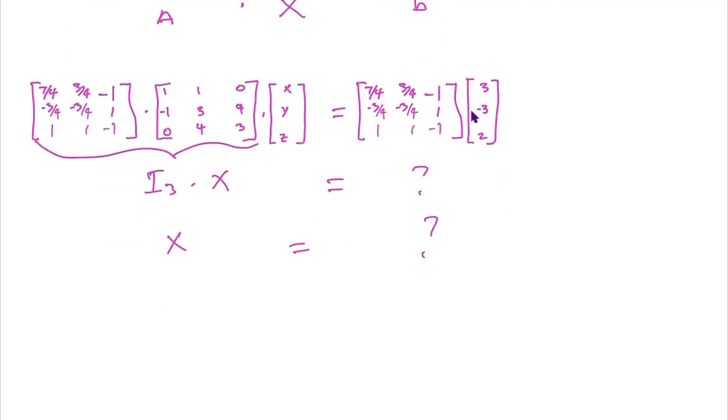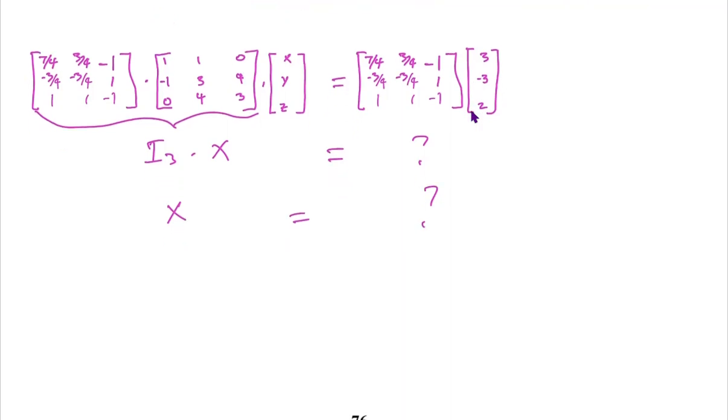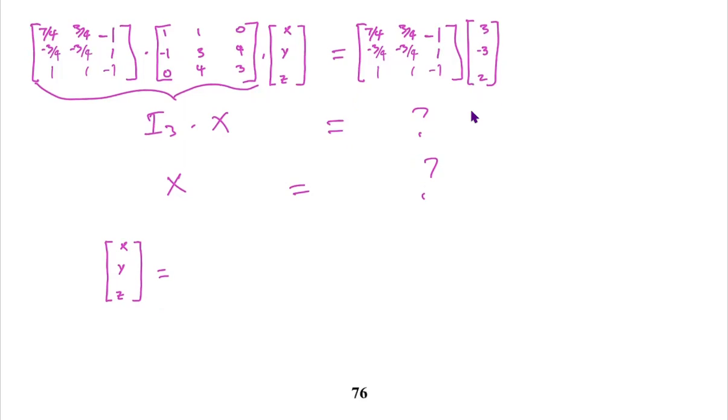We perform the multiplication. We need to perform that multiplication. And then we will get X, which is this vector, equal to the multiplication here. We perform the whole multiplication.